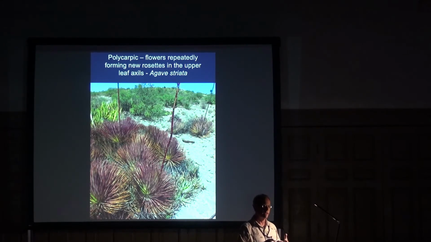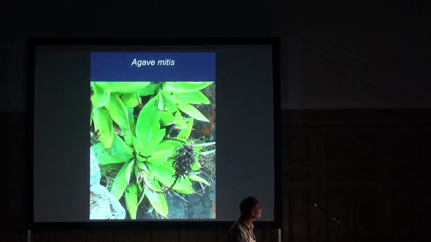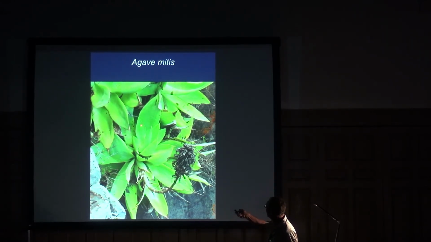It flowers and then produces many rosettes from that one rosette. And here's an example of that. We're seeing the flower come out of this rosette, but we see a new rosette growing from the leaf axil of this leaf here. So it's going to produce many heads eventually.